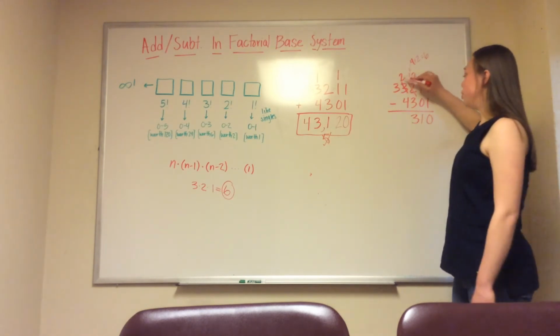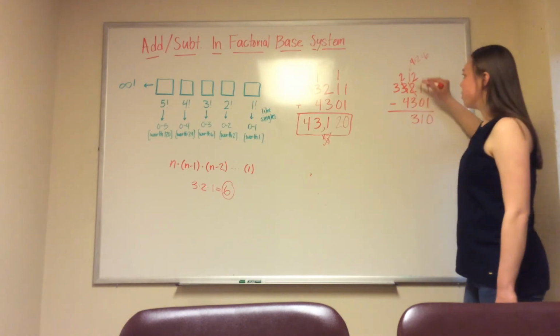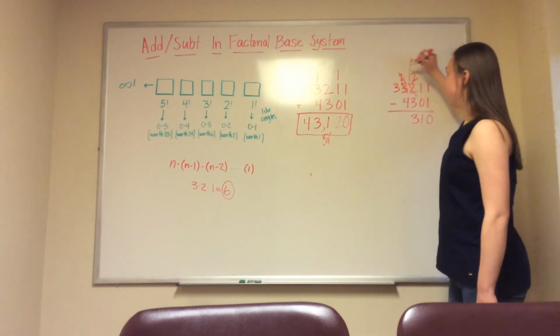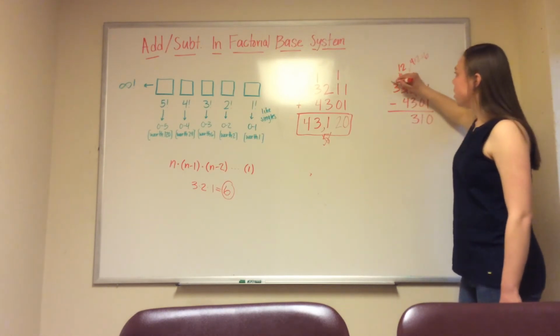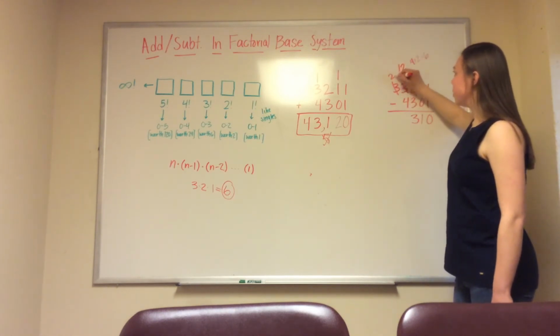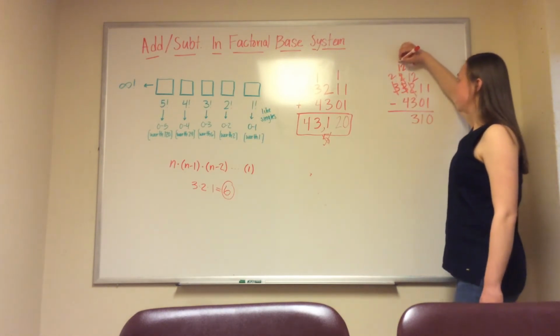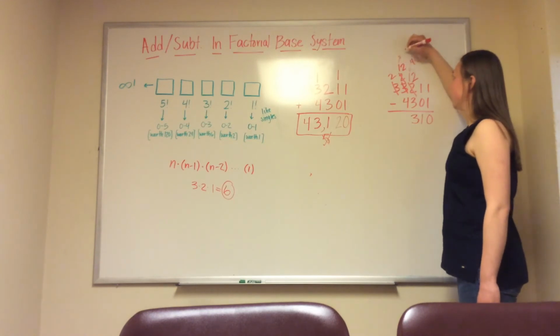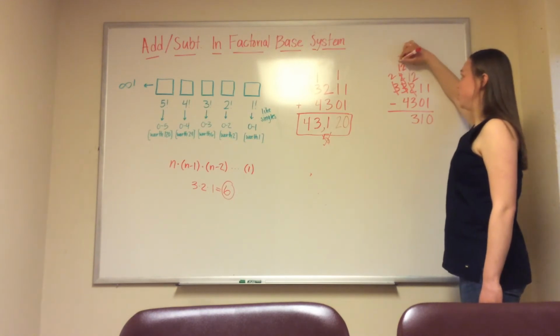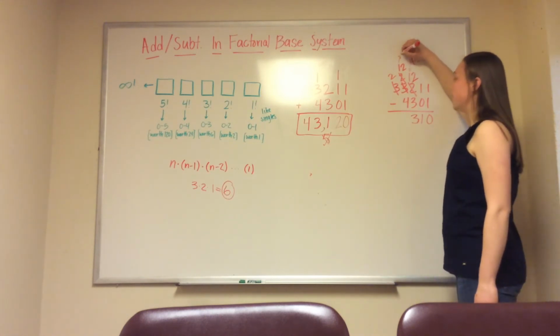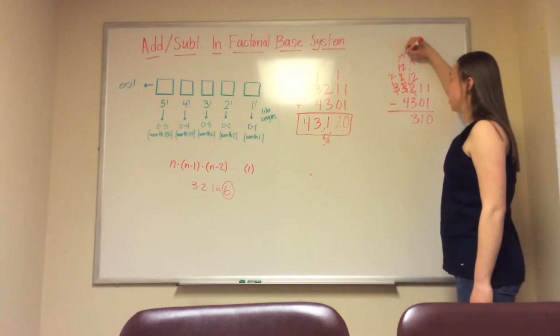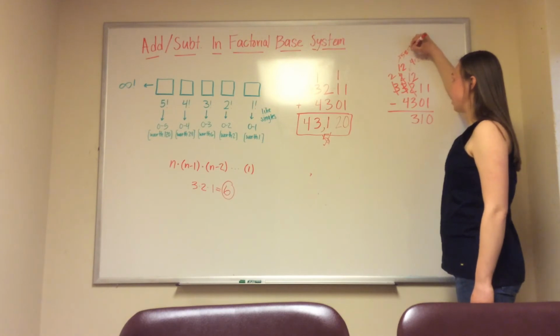Now again, we have 2 minus 4, so we're going to need to regroup or borrow again. So we have 12, or 1, 2 here. Take 1 away from the 5 factorial, and since we took this rod from the 5 factorial, we know that 1, 2 in 4 factorial is going to give us 5 plus 2, which equals 7.